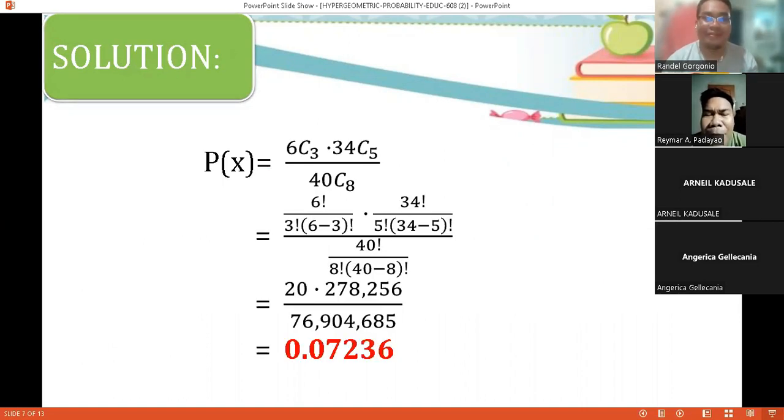So P of X equals 6 combination 3 times 34 combination 5 all over 40 combination 8. Using the formula, the answer is 0.07236.